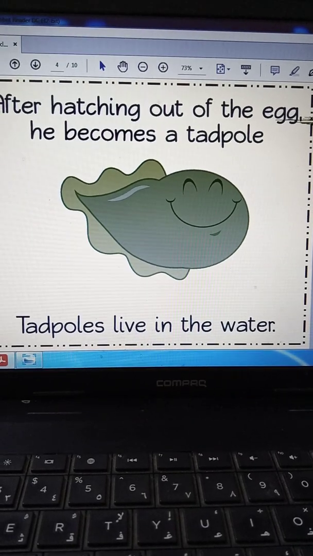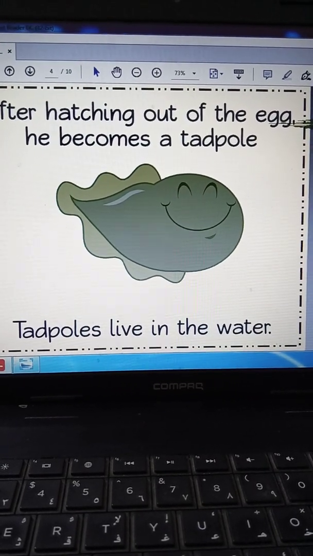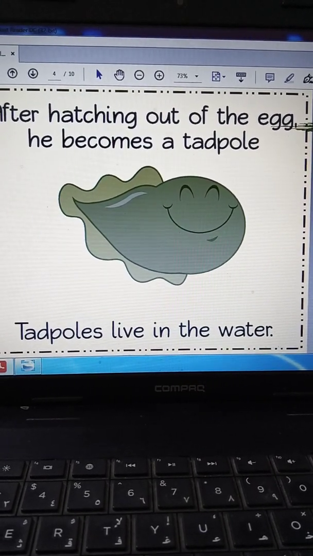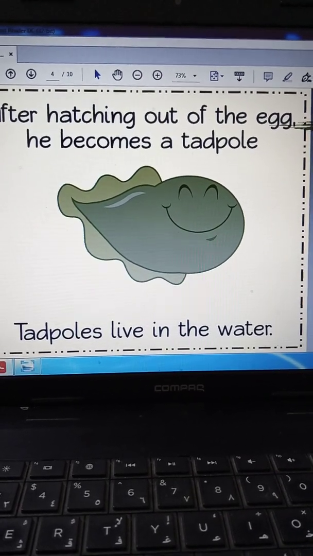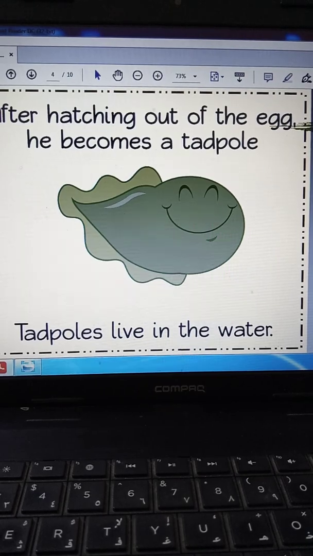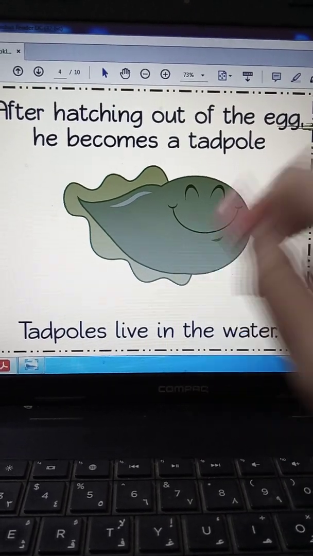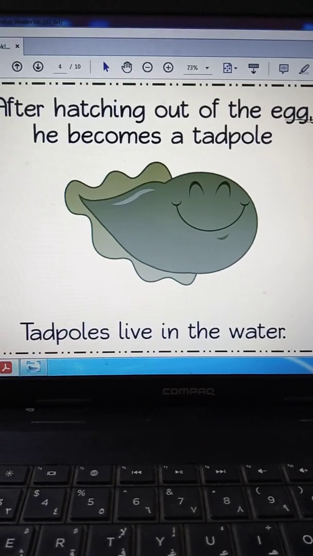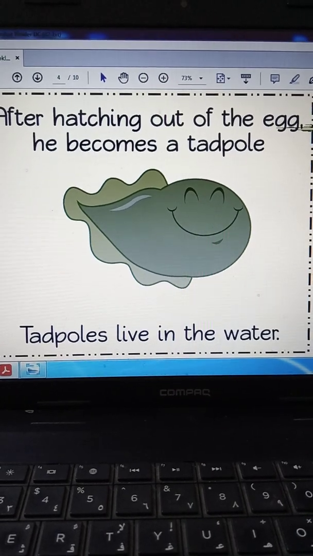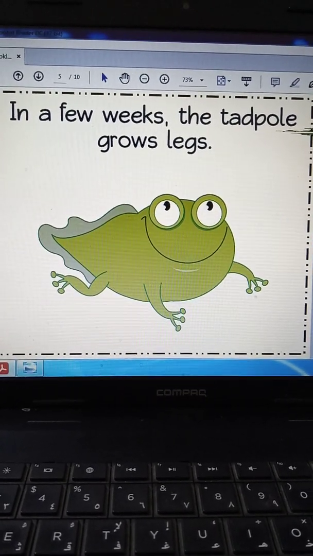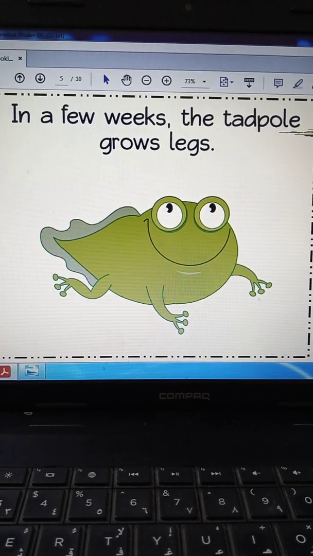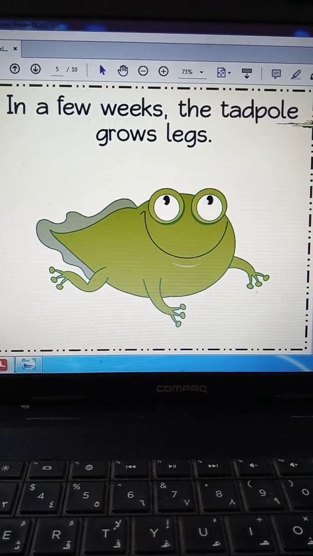So tadpoles, what's the life cycle of the frog now? We started with an egg, and when the egg opens, what happens? The tadpole comes out. The tadpole is the baby frog. You see it? Where does it live? It lives in water. In a few weeks, the tadpole, wow, look at the legs. It grows some legs.